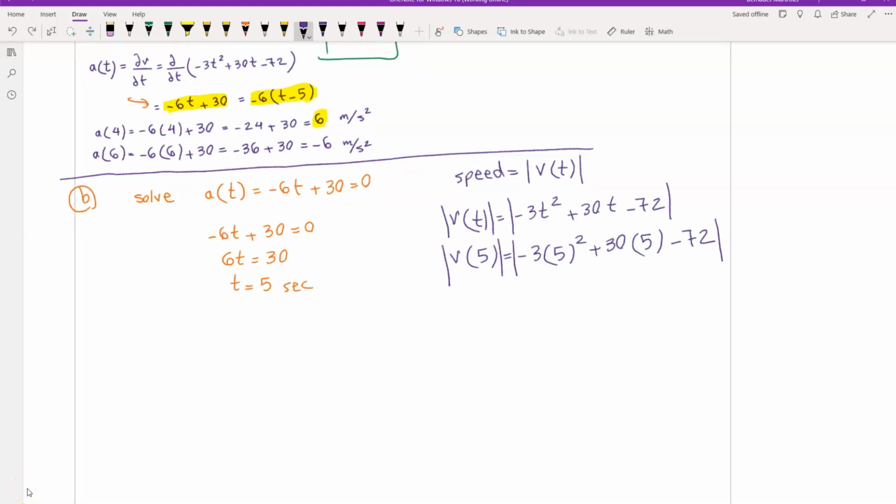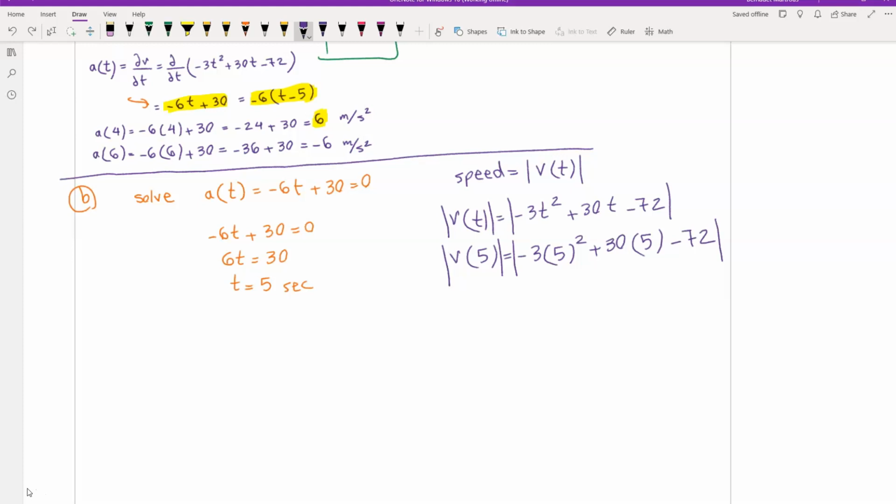And from part A, velocity was negative 3t squared plus 30t minus 72. Now using 5 instead for t. So substitute 5. Here we have negative 3 times 5 squared plus 30 times 5 minus 72.